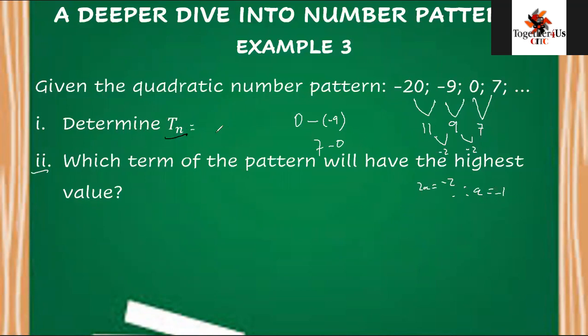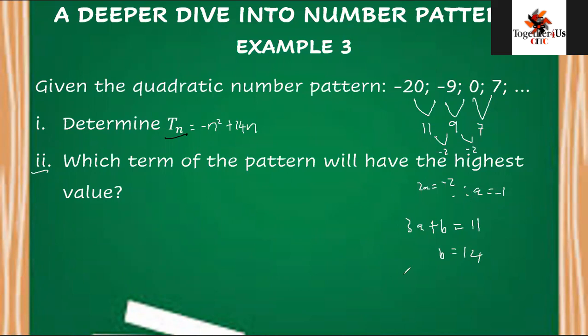So as we formulate Tn, we know we're going to have -n squared. Now we must find b and c. Business as usual here, 3a plus b is equal to 11. We know a is -1, taking -3 that side, so b will be 14. So we're going to add 14n there.